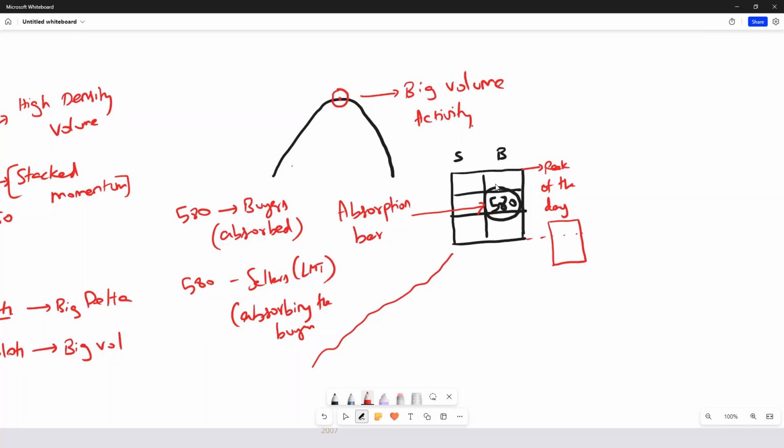Whereas if you are seeing a downtrending market ending with an absorption, something like we are seeing a downtrending market and I am seeing an absorption around this level, I will be seeing a trend reversal. So you'll be seeing high volume at the day low. Extraordinary volumes will be traded at the day low, and still despite the big volume, we'll be seeing a complete trend reversal. Big volume activity again.